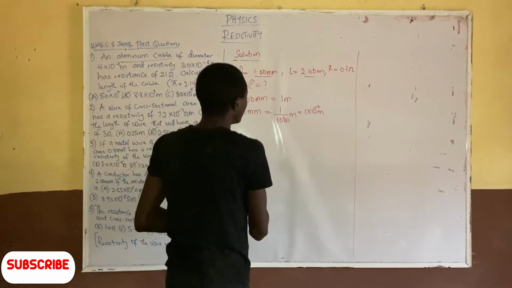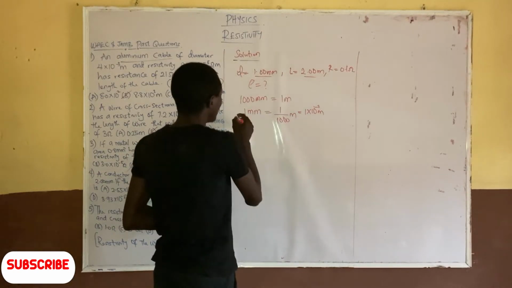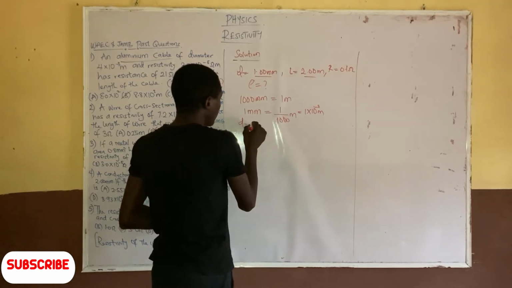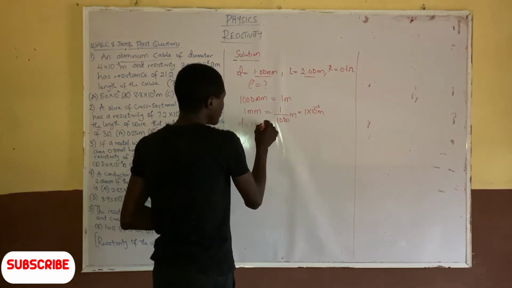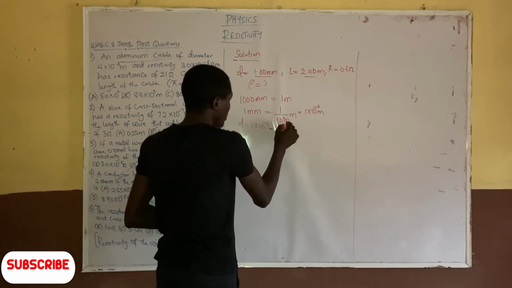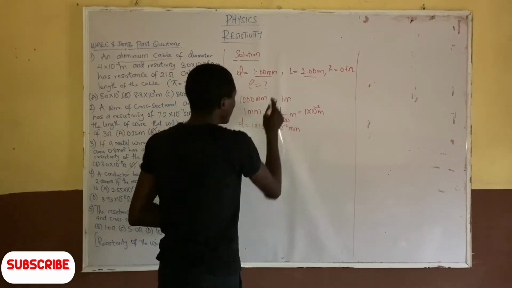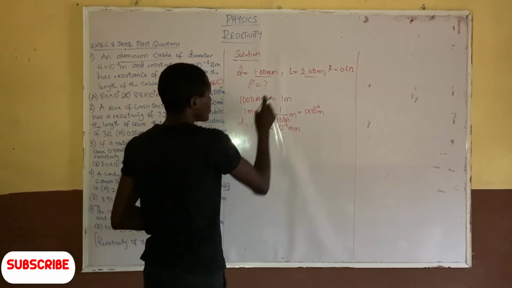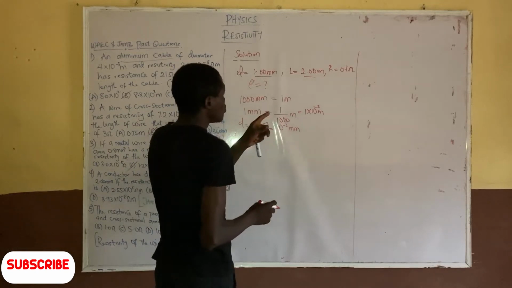And the same thing is applicable to the length. So the diameter here is 1 times 10 to the power minus 3 meter. Now the same thing applies to 2.00 millimeter.